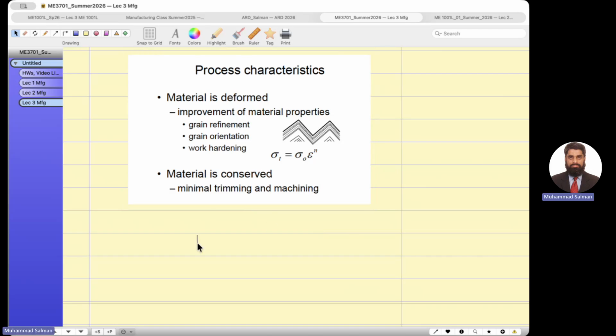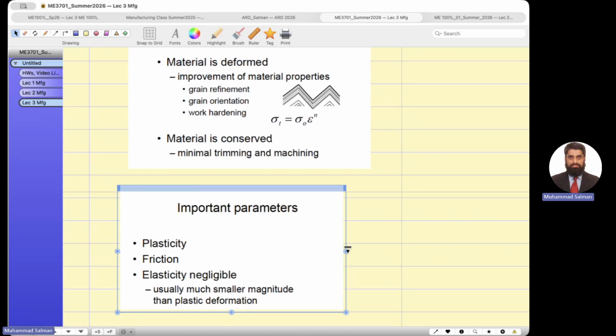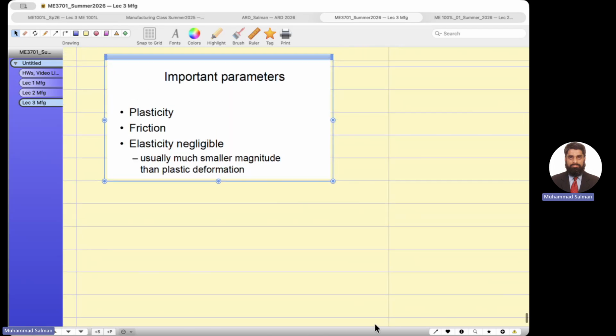The tensile stress equals K times epsilon, and work hardening, grain refinement, grain orientation. These are plasticity, friction. You will study these slides on your own time.